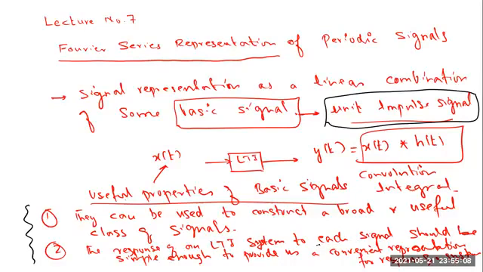So that each signal, I mean I'm talking about this basic signal. So if I want to select any basic signal, I want that if I apply that signal to an LTI system, the response of the LTI system should be simple enough. And this is what we are going to use for Fourier series.